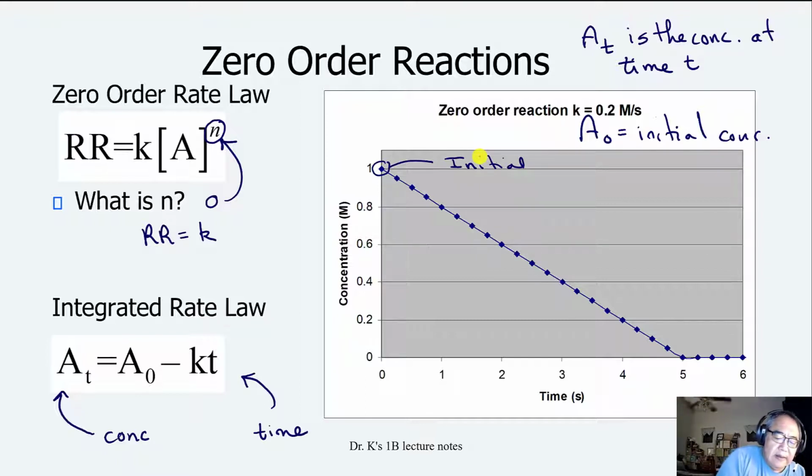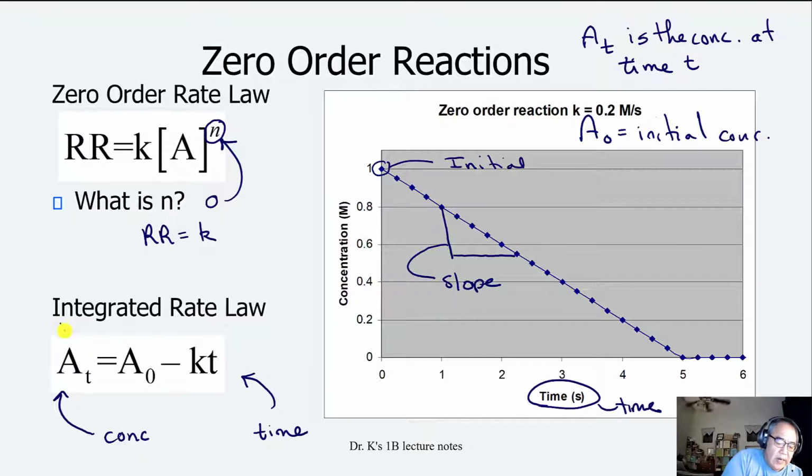And then this is the slope, and t is time. Now think about it: this is y, this is b, and this is m and x.